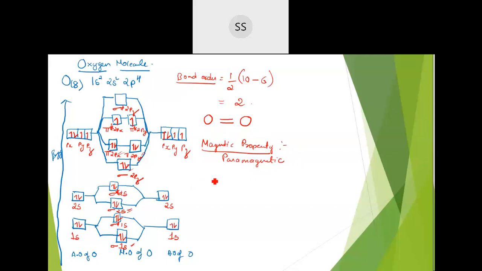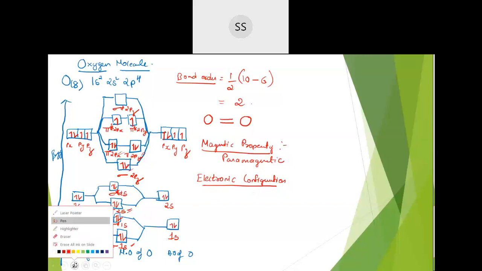Now see how to fill the electrons in the molecular orbital when you are writing electronic configuration. Electronic configuration, you start from the below one, that is sigma.